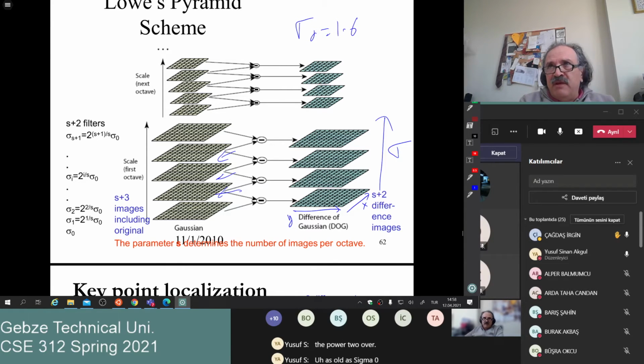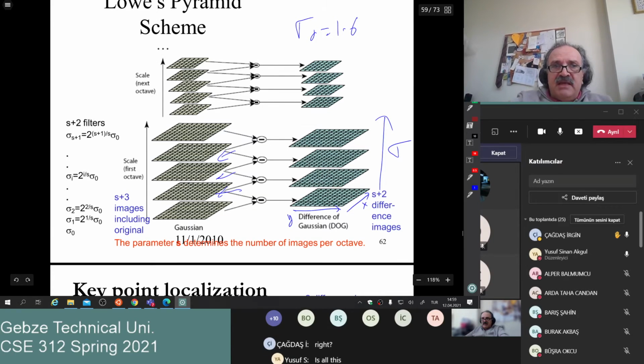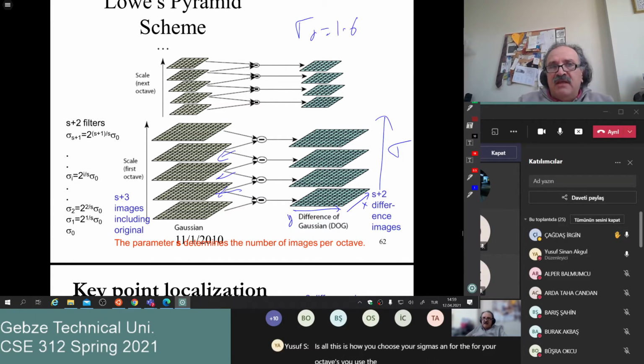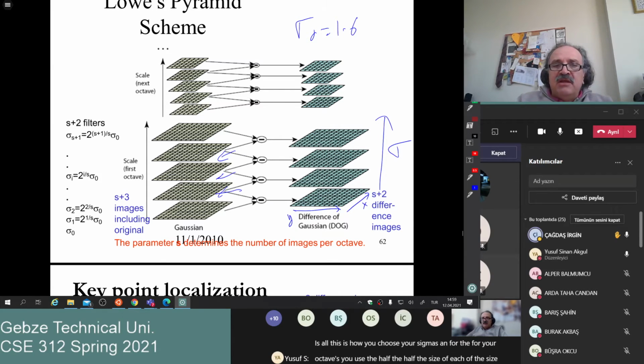What is sigma 0? By running the experiments, I find it to be 1.6. What is s? S is found to be 3 as the best. This is how you choose your sigmas, and for your octaves you use half the size of each dimension. So half the x dimension, half the y dimension. Totally, it is 1/4 of the size of the original image.